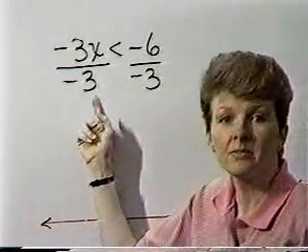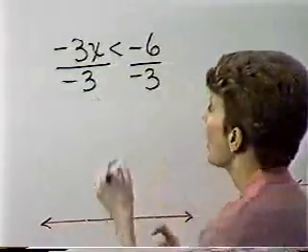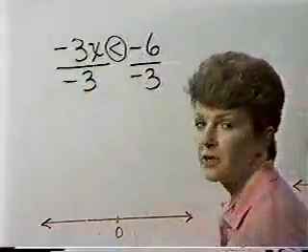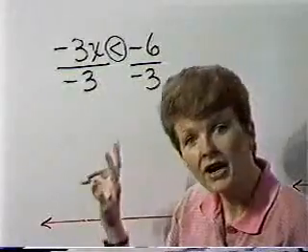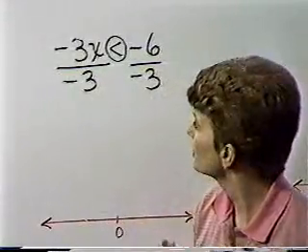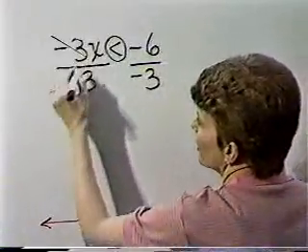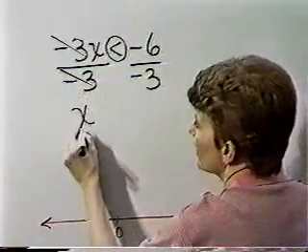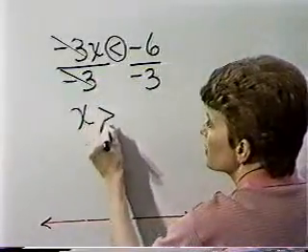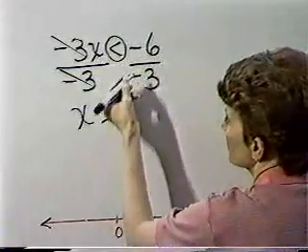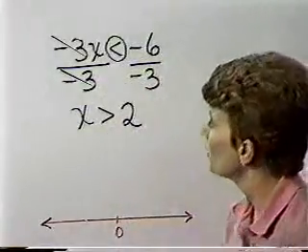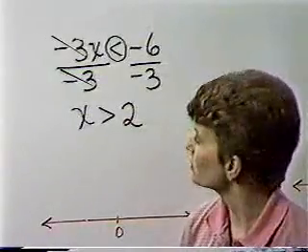Since I'm dividing by a negative number, I must reverse the direction of my inequality sign. And I've circled it to remind me that it should be reversed. When I simplify, on the left-hand side I'll have x. Reverse the direction of that inequality sign, is greater than negative 6 divided by negative 3, or positive 2.